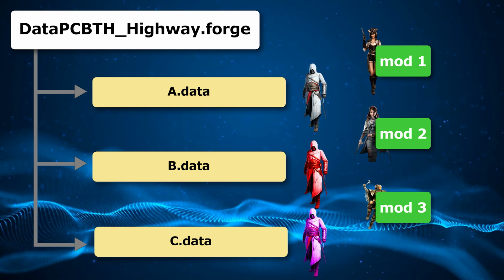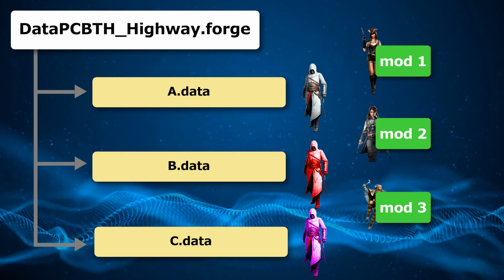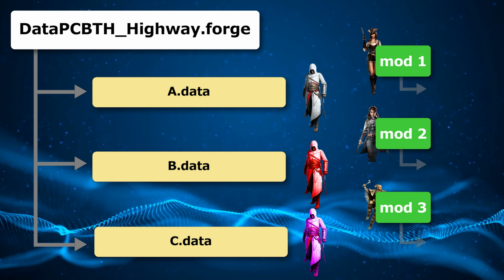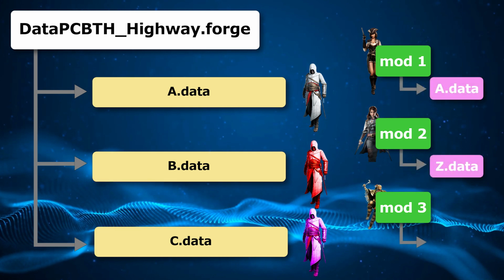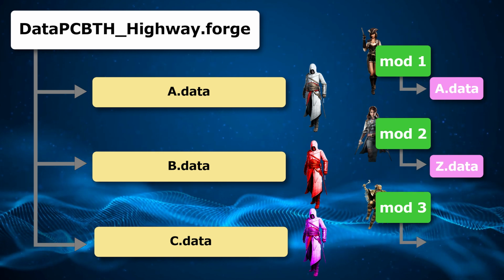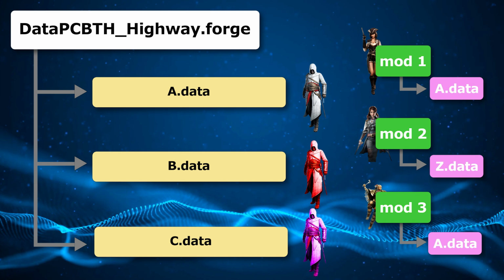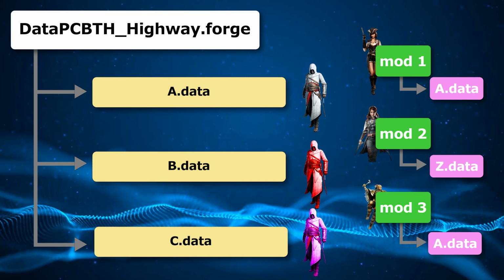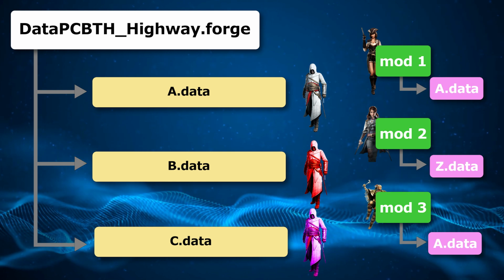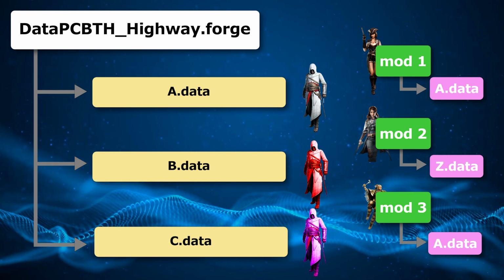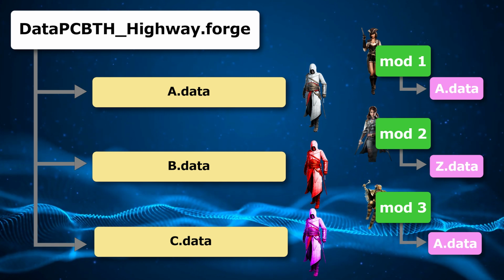Now, with the mods that you've downloaded, you will see the data file that the first mod has is data file A. The second mod is data file Z, and the third one is data file A as well. And all 3 mods need to be placed in the forge file that we've just opened up, which contains data file A, B, and C. Are you getting where I'm going with this?